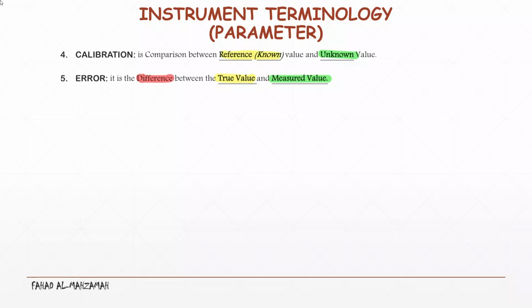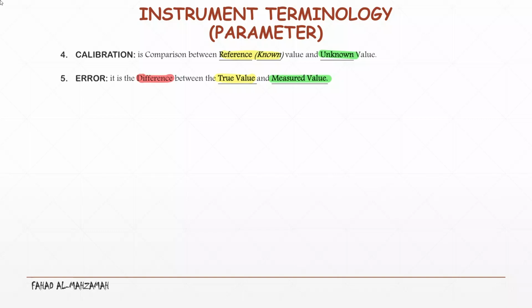So if you compare, for example, the true value is 10 degrees Celsius, you bring this to 10 degrees Celsius and apply it to your measurement device, for example the temperature gauge, and you get the measurement reading as 10 degrees Celsius. The error is the difference between the true value and measured value.